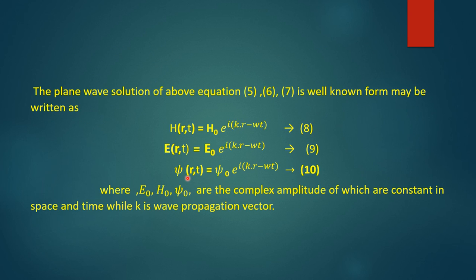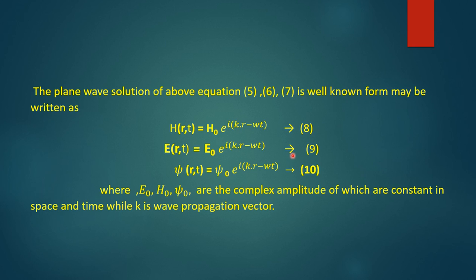The plane wave solution of the above 3 equations, that is equations 5, 6, 7, in well-known form may be written as H of r and t, where r is the position vector and t is the time, is equal to H naught e to the power i into k dot r minus omega t. This is equation number 8. And capital E of r comma t is equal to E naught e to the power i k dot r minus omega t.